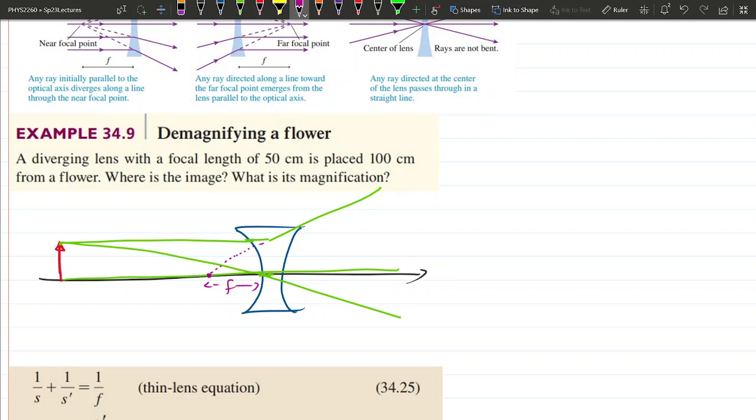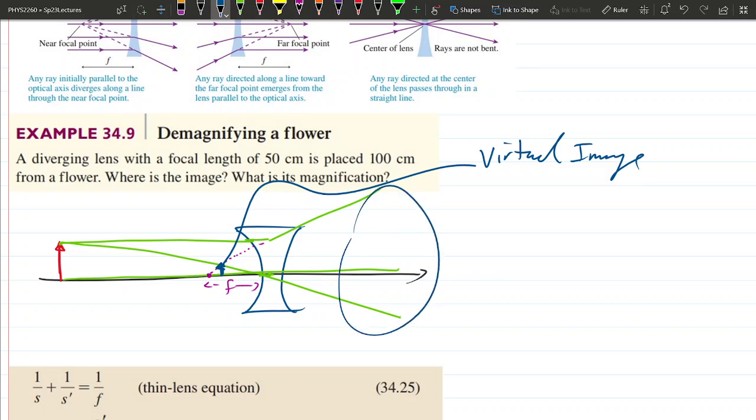And the crossing between this back tracing and this ray that goes straight through the middle is where the image is going to form. And this is actually a virtual image. Notice that if we try to figure out where the image is on the right-hand side, we have no idea what's going to meet.